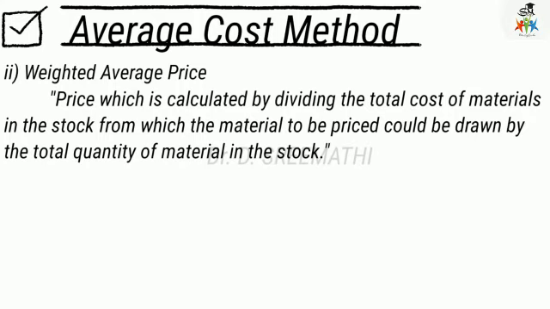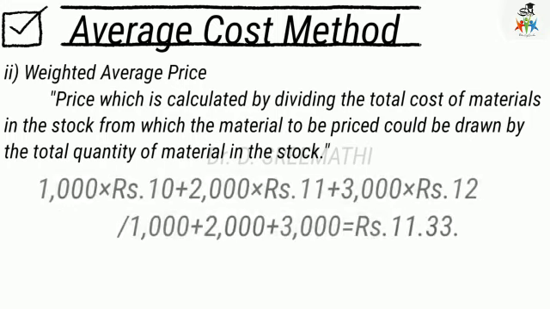The total price is 1000 units multiplied by 10 rupees, plus 2000 units multiplied by 11 rupees, plus 3000 units multiplied by 12 rupees. That is divided by the total units, 1000, 2000 and 3000 together. Then you will get 11 rupees 33 paise.